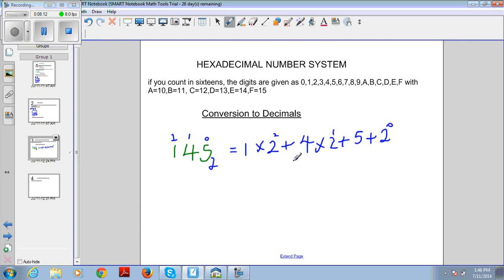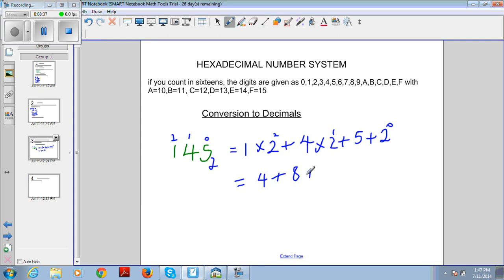Don't mind my writing. Okay, 1 times 2 raised to power 2. 2 raised to power 2 is 4 times 1. You have 4 plus 2 raised to power 1 is 2. 2 times 4 is 8. You put down your 8 value.